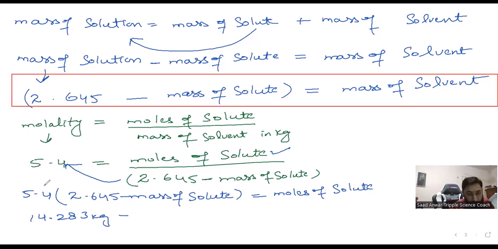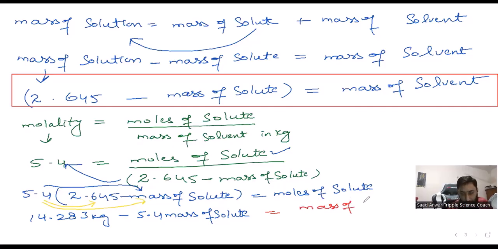Also multiply 5.4 with that factor because this is in brackets, so 5.4 times mass of solute. Here I can put mass of solute for moles of solute, because you know moles is equal to mass over molar mass.